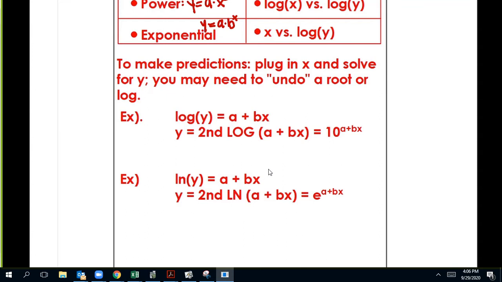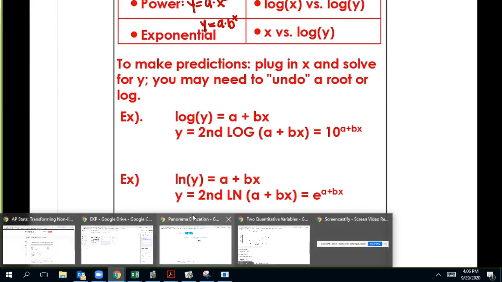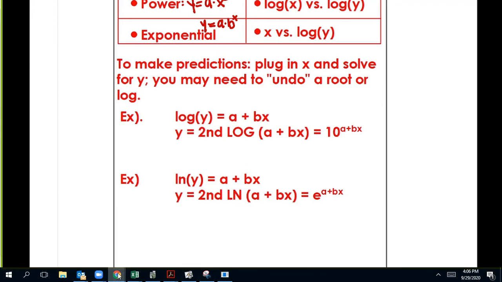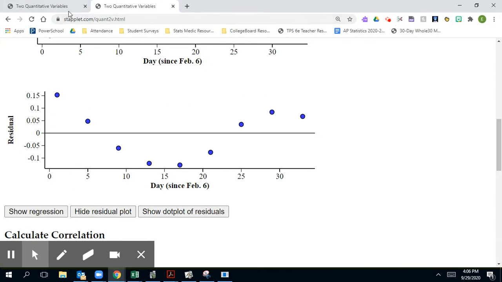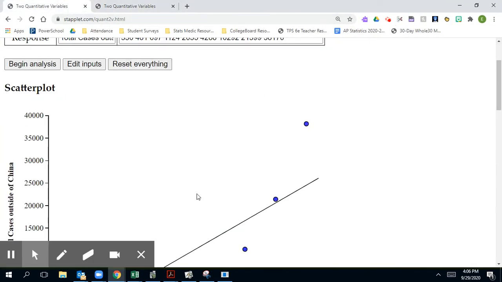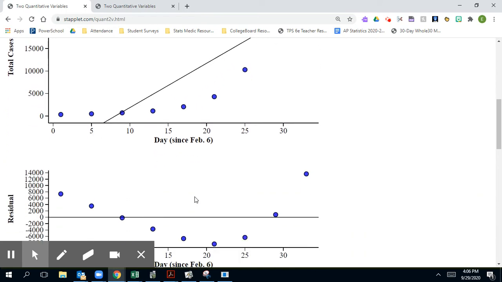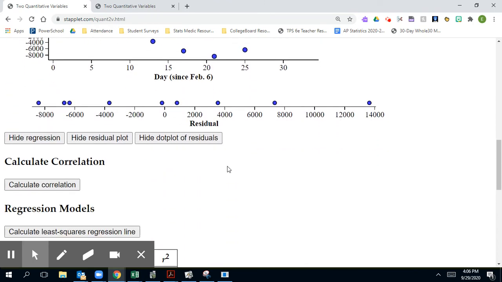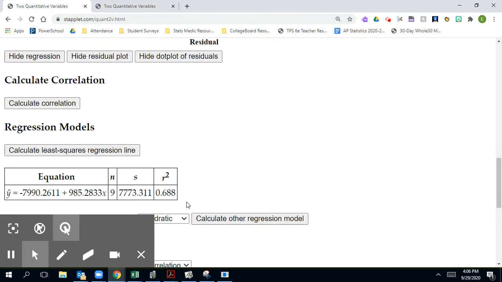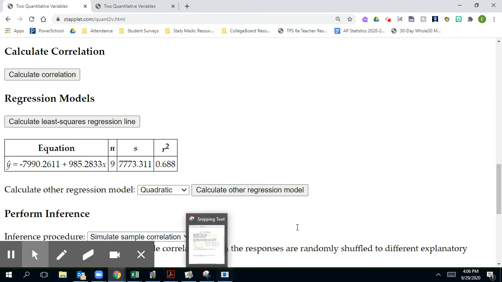So the last thing I want to show you, before the check your understanding, is a little connection. Let's look at these scatter plots originally, and I'm going to bring them over. Okay, so first, this was our original scatter plot right here, and it has a clear exponential curve. And so our equation was y equals negative 7900.2611 to the x.